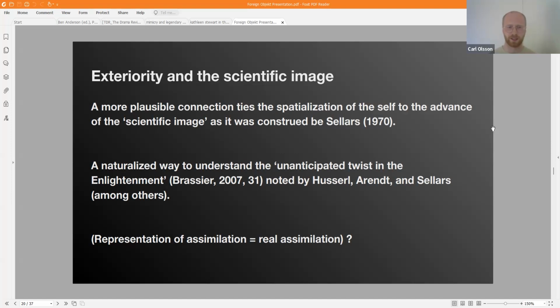Interestingly, then this would be a naturalized way, beginning with a deep history of mimicry and losing ourselves in space, to understand the unanticipated twist in the Enlightenment, as Roger Caillois calls it, when Enlightenment naturalism turns back against its own foundations. This is noted by Husserl, by Arendt at some point, by Sellars, and I think Horkheimer and Adorno's Dialectic of Enlightenment, at least the beginning, will discuss this in some way with the move of the human being out of nature. So this and how it risks falling back.